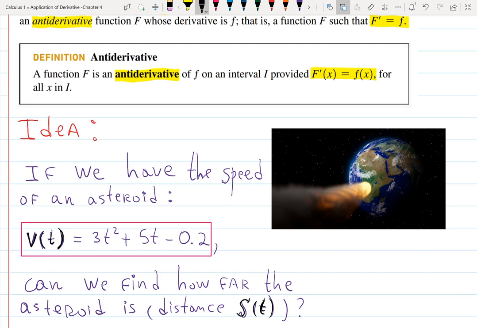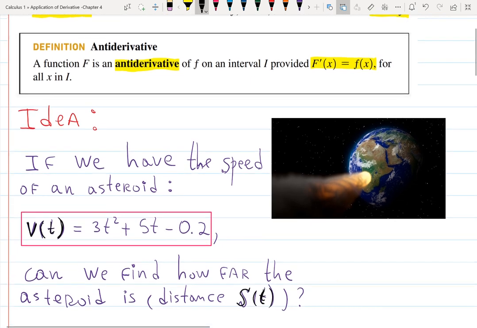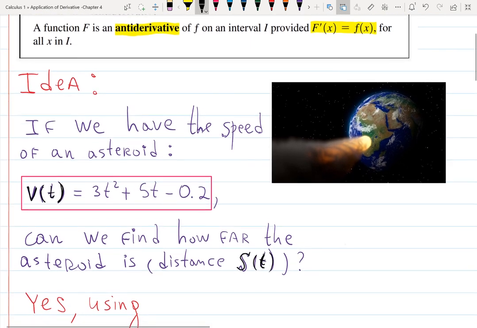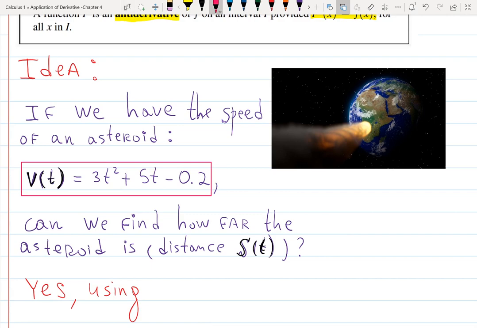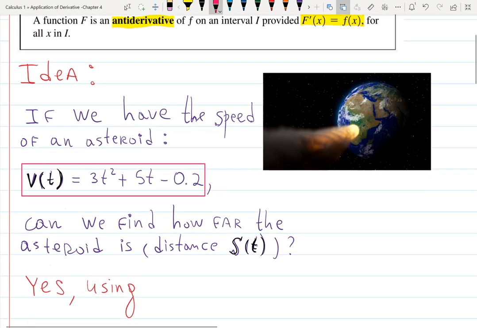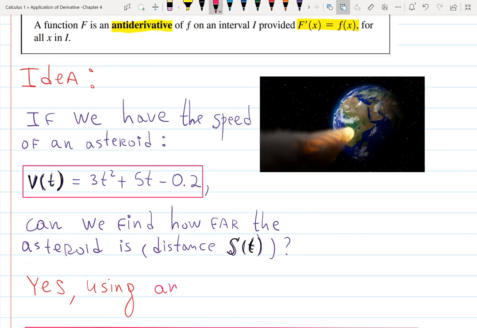Undoing differentiation means finding the antiderivative, and that's what we're gonna be calling integration. Integration is the process which undoes differentiation. Yes, we can do that, and we will be doing that using antiderivatives, and that's why you call it antiderivatives, because it's undoing differentiation. Antiderivatives.